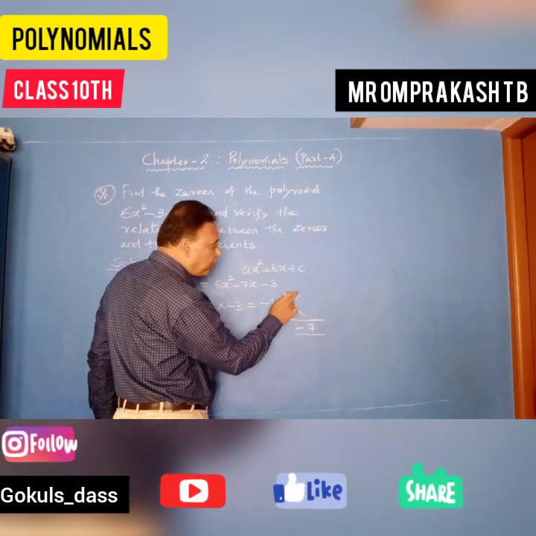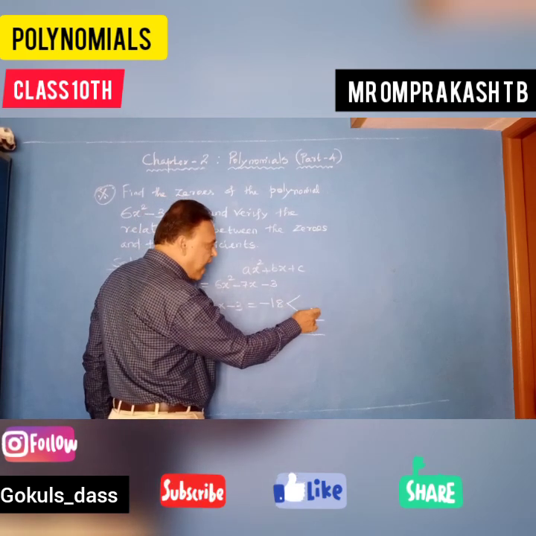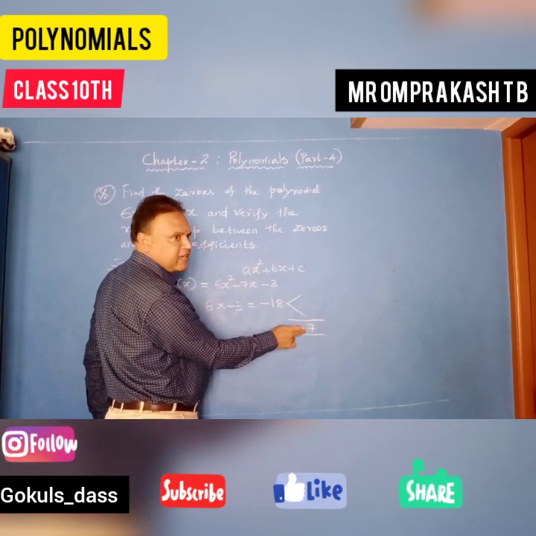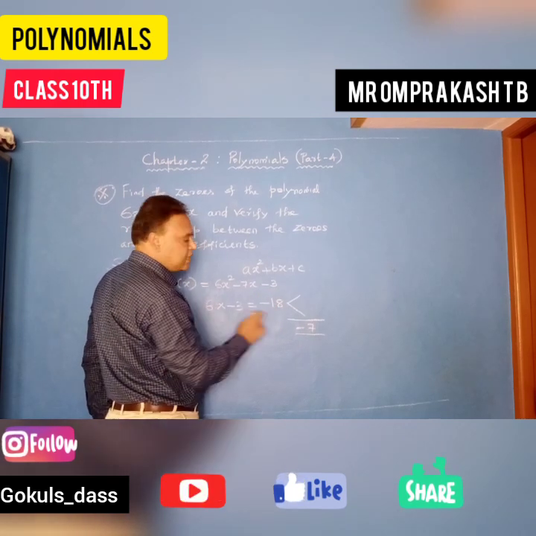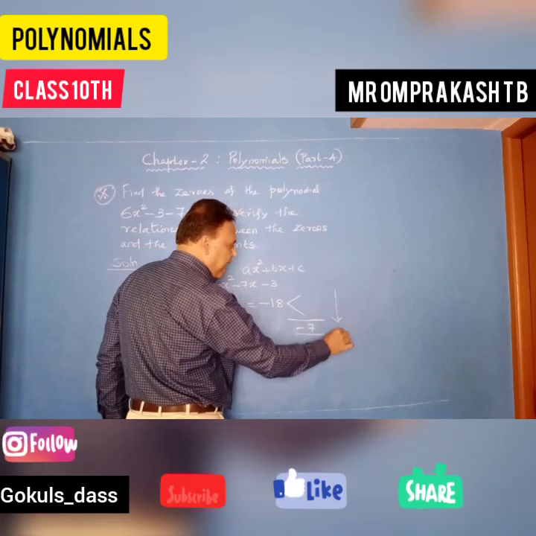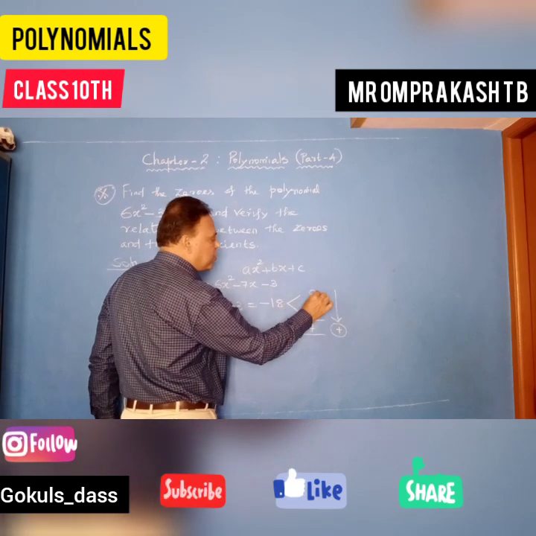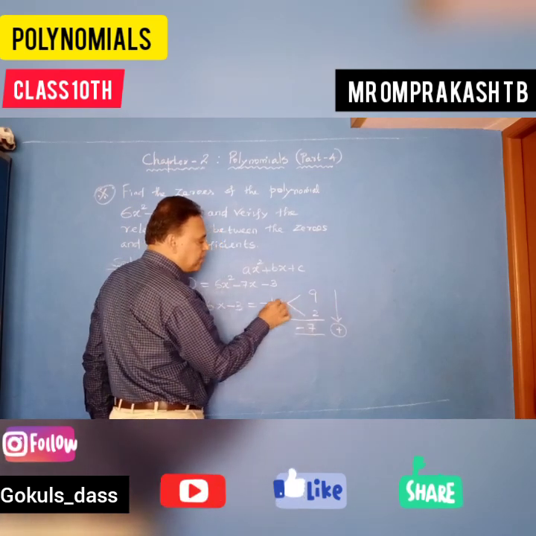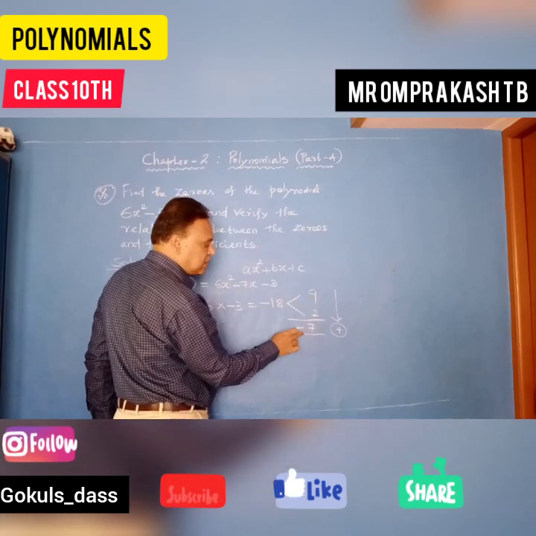Now you have to find the factors such that when you add you should get minus 7, and when you multiply you should get minus 18. Such factors you have to find out. So you know very well 9 into 2 is 18, but we need minus 18. At the same time, when we add we have to get minus 7.